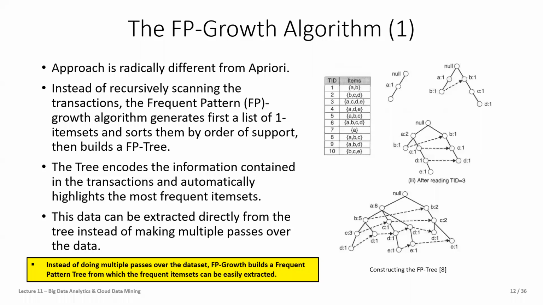This tree is called the FP tree, which is the frequent pattern tree. So instead of recursively scanning the transactions list, it goes through it the first time, and then it starts building branches of this tree, so that in the end you can clearly see which products are mostly associated one with the other.